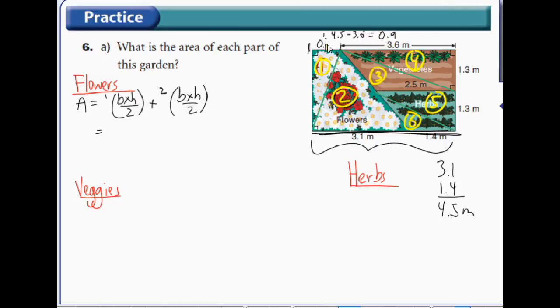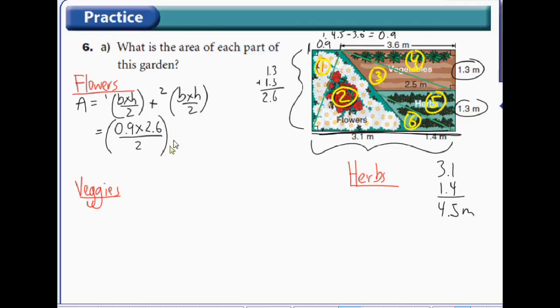So my base for this triangle is 0.9 times my height. My height is this whole side here, which is 1.3 plus 1.3 from the other side, so it's 2.6 meters. So it's 0.9 times 2.6 divided by 2.